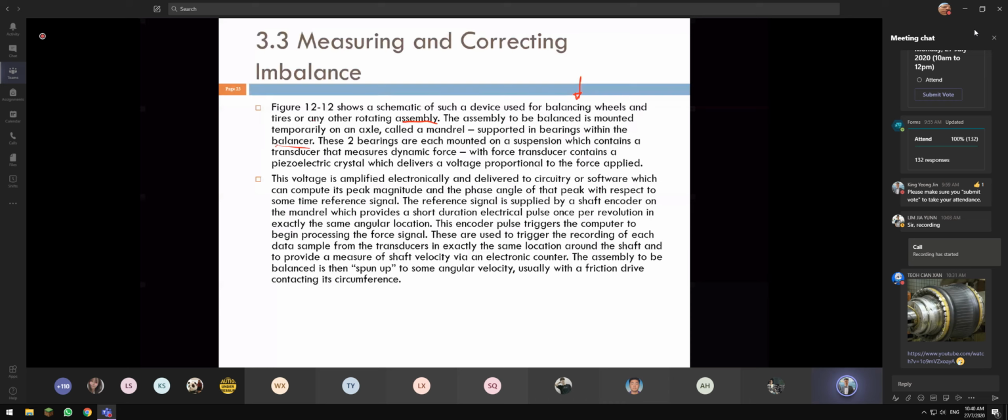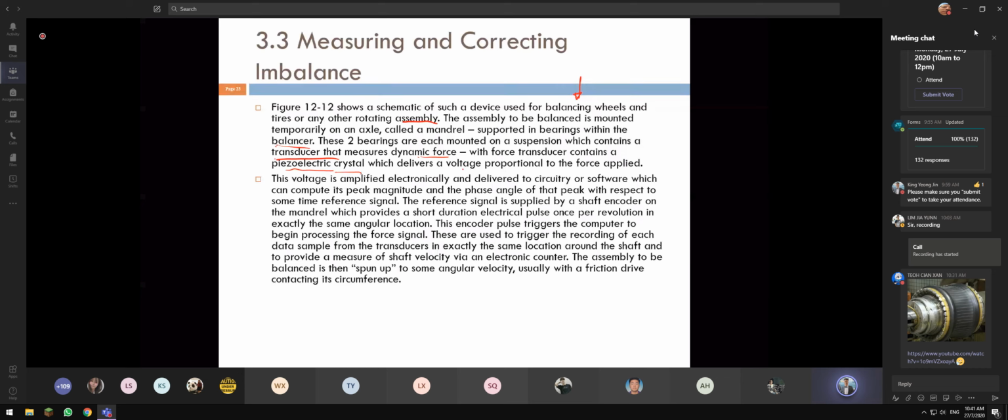The two bearings are each mounted on a suspension which contains a transducer, or a force transducer, that measures the dynamic force.